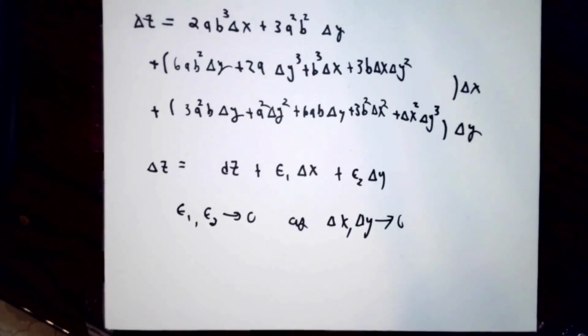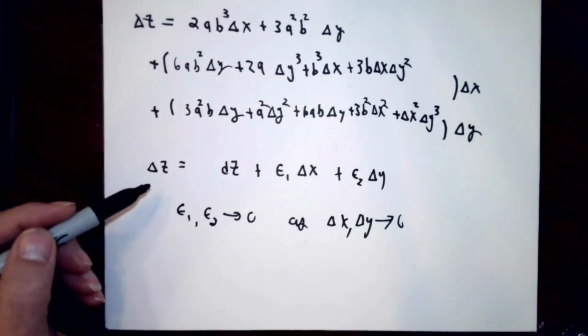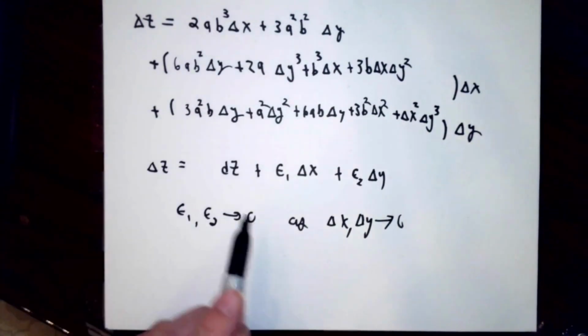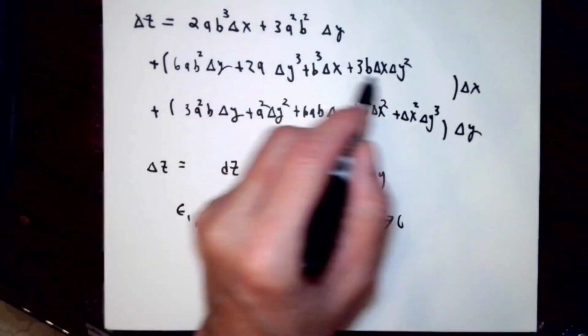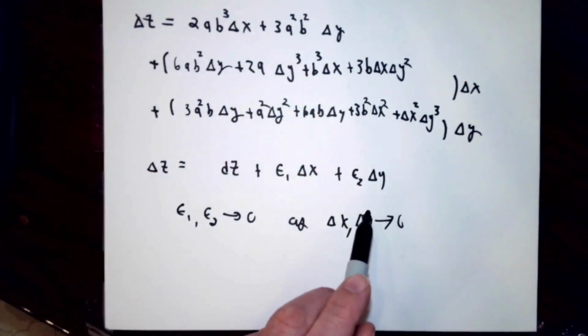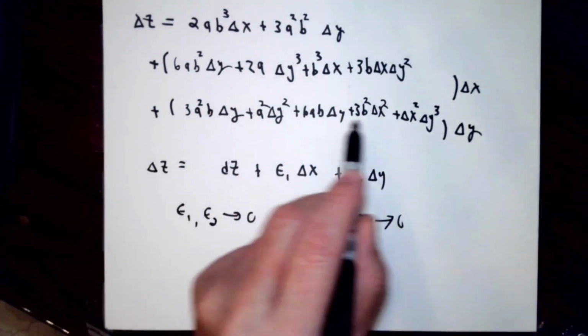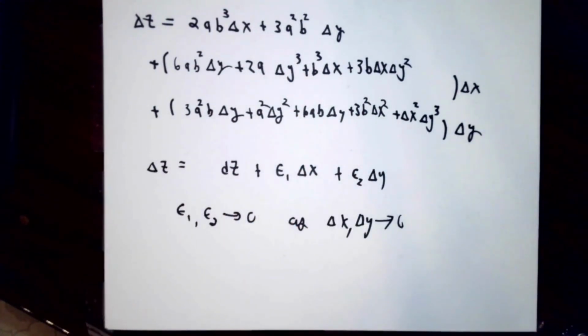So we have literally argued, regardless of what the point AB is, for this function, delta z is exactly equal to dz plus epsilon 1 delta x, this would be the epsilon 1, plus epsilon 2 delta y, this is the epsilon 2, and the epsilon 1 and epsilon 2 tend to 0 as delta x and delta y go to 0. We have proven by the definition that the function we started with is differentiable at every point.